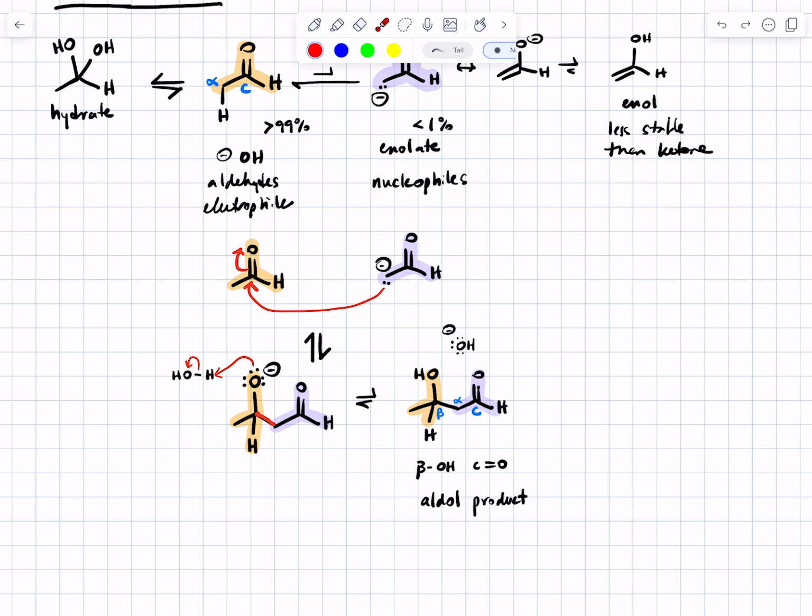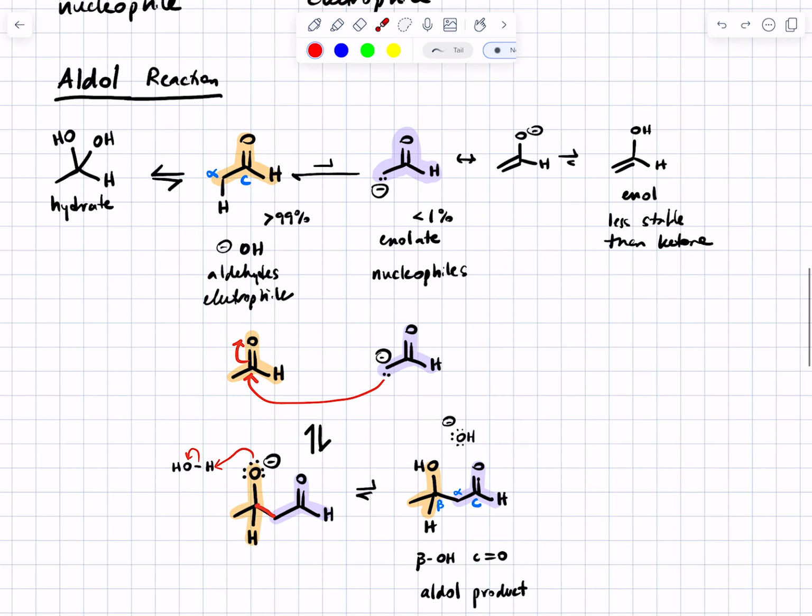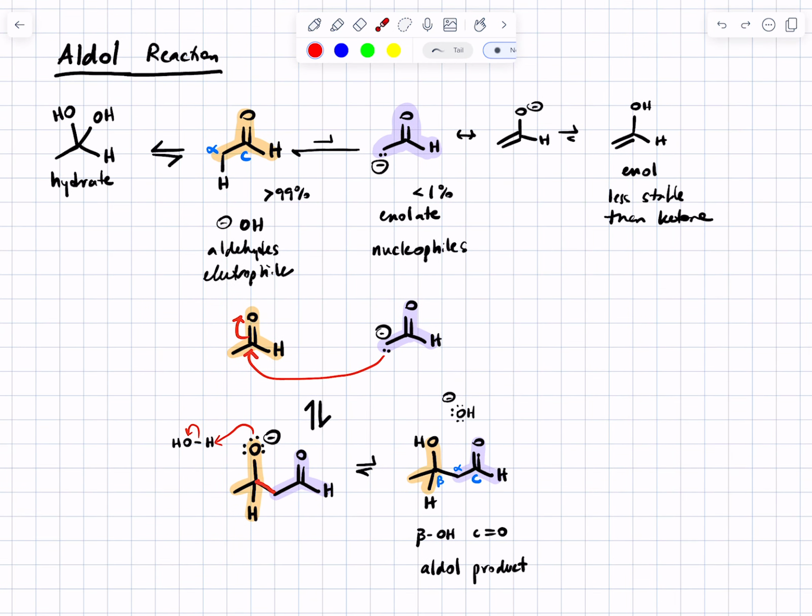And in general, what we're doing here, if you look, is we're replacing a carbon pi bond and a carbon hydrogen sigma bond with a new carbon carbon sigma bond and a new oxygen hydrogen sigma bond.